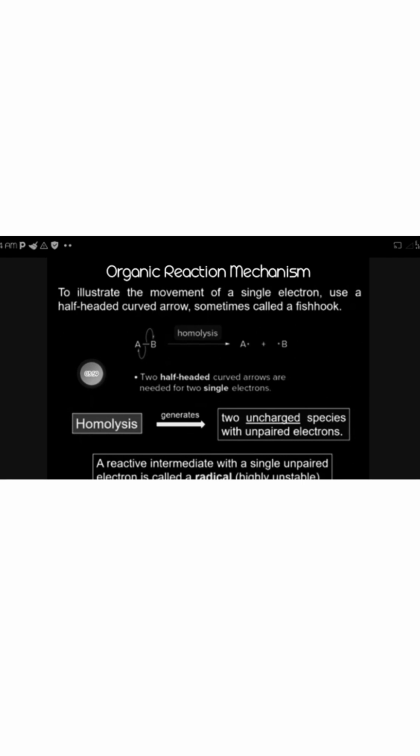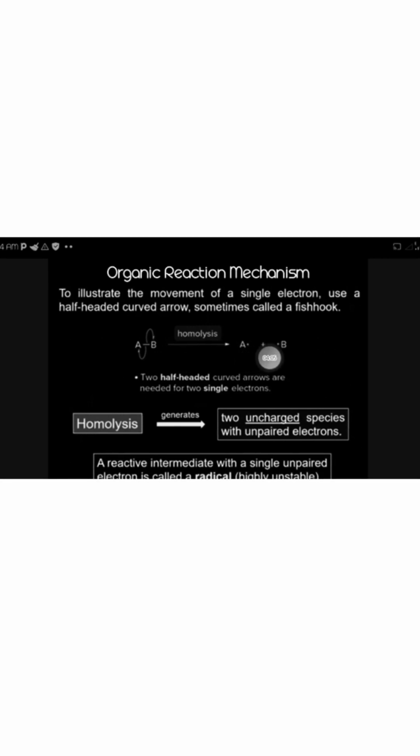Now come towards the representation of the electron distribution. This distribution is represented by a half-headed curved arrow. This is the most important concept, that a half-headed curved arrow is used to represent homolysis or homolytic cleavage.